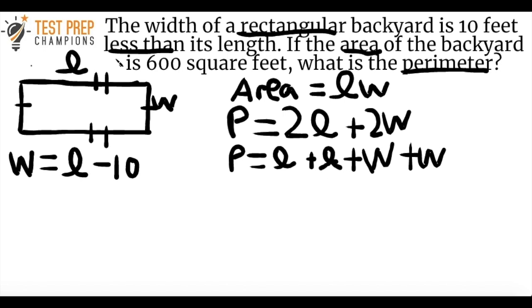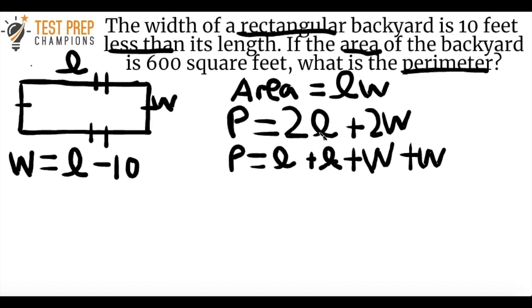We've got four sides in a rectangle: a length, a width, and another width here. The faster way to do it is to think of it as 2L plus 2W, but either way, you're going to get the same answer.